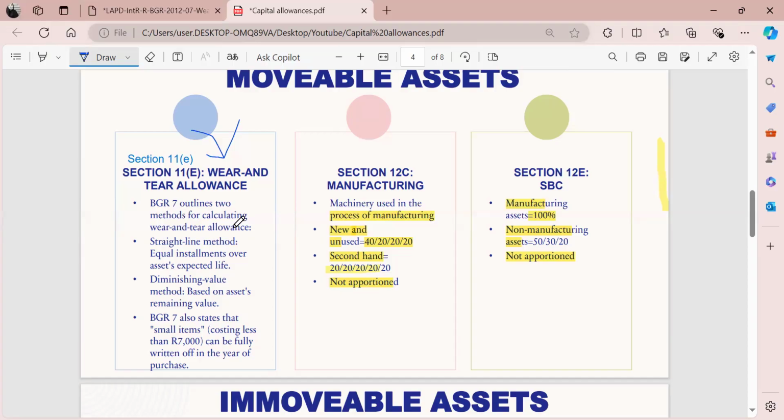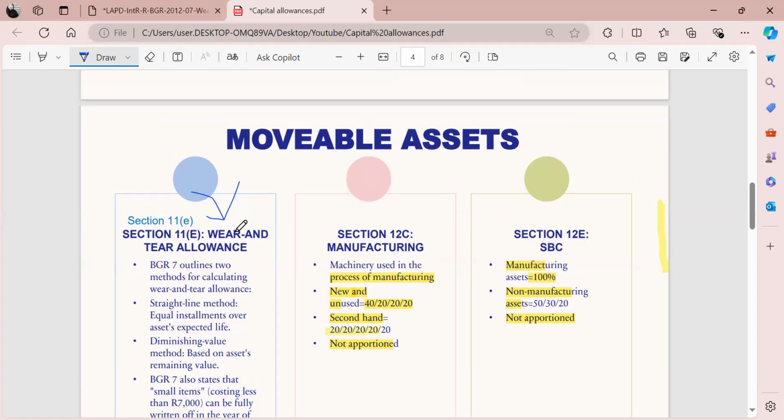For example, let's just say you are dealing with a company which is a small business corporation, right? And you know that for small business corporations, if it's a manufacturing asset, you're going to claim 100%. It doesn't make sense for you to apply Section 11E, because Section 11E would give you a period where you claim the capital allowance over a number of years, whereas you can claim 100% because this is a machine which is used by a small business corporation and it's a manufacturing asset, right?